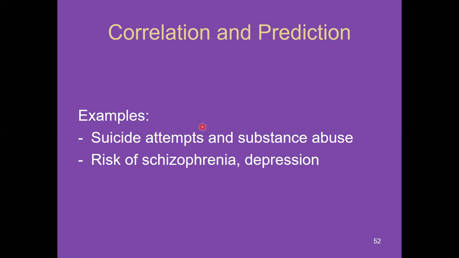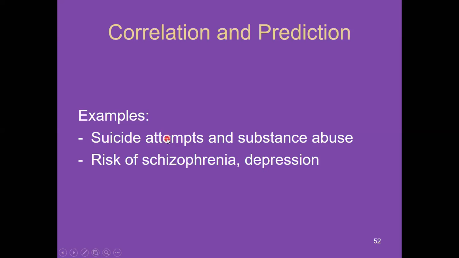Well, suppose that you're a chemical dependency counselor and you're trying to help your clients get off drugs. What's one of the things that you need to be watching out for in your clients? In fact, you need to be a little bit aware of the potential of suicide attempts, because given that correlation, those are a little bit more common in people that have a substance abuse problem.